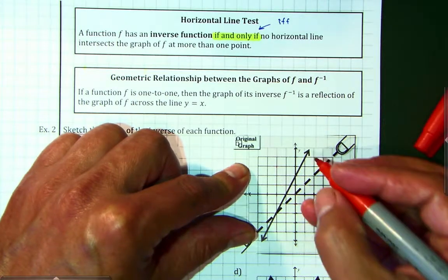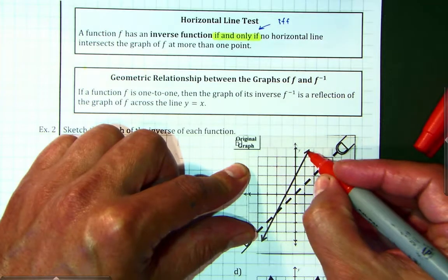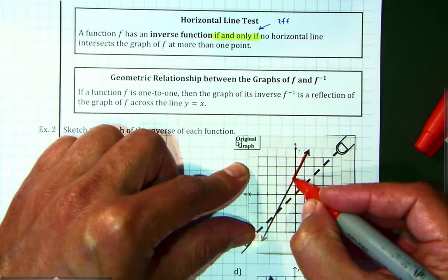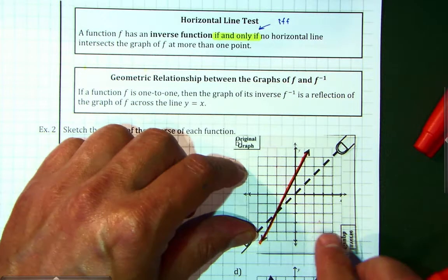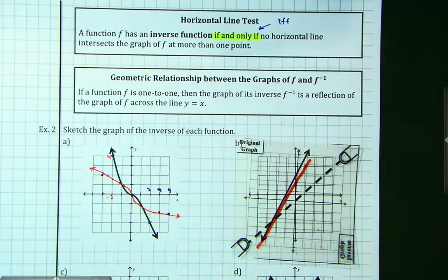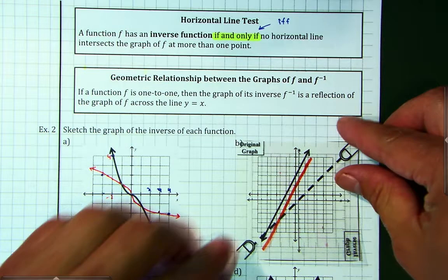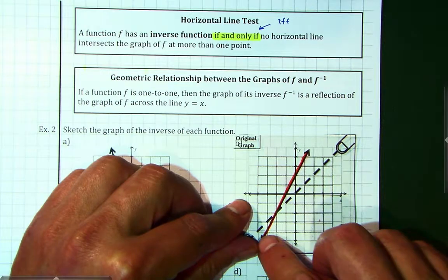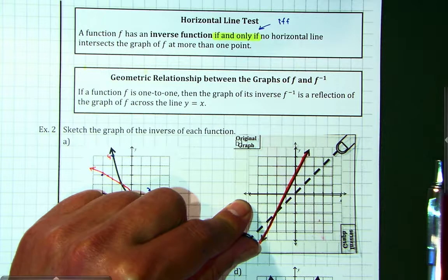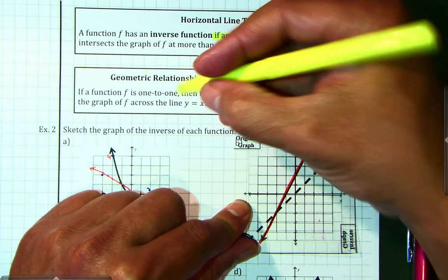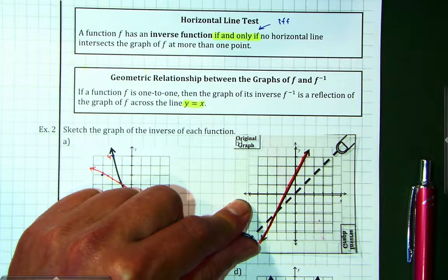It says original graph here, so I'm going to copy it down, and I'm going to reflect it over y equals x. Right? That's a reflection over y equals x.